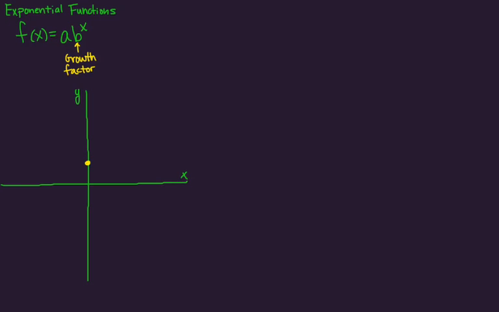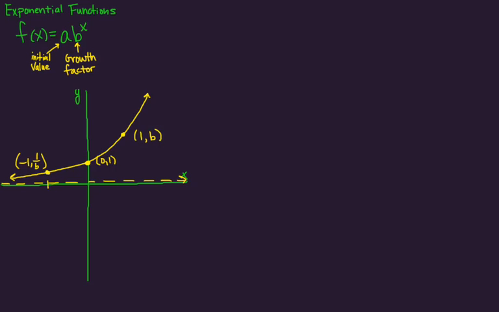The a value is going to end up becoming what we call the initial value. The initial value basically says, this is what number I'm going to start with. Well, 2 to the x has a 1 out front, right?